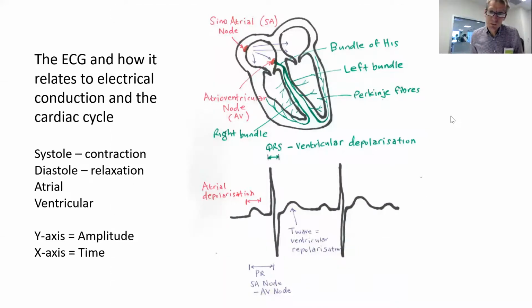Now, I wanted to spend a bit of time today talking about the ECG, and I'm going to focus a bit on ventricular septal defects, but I want to teach about how to read ECGs. I've added some more slides that I'll send around and you can have a look at them. But first of all, if we're going to learn about ECGs, it's important to understand what the ECG actually means.